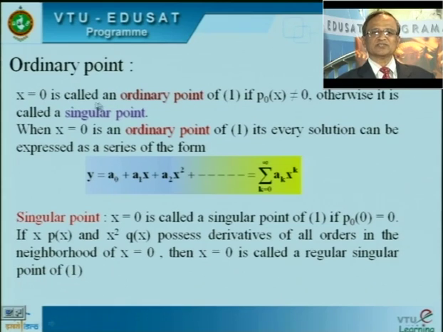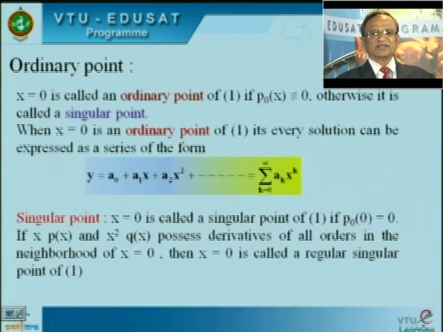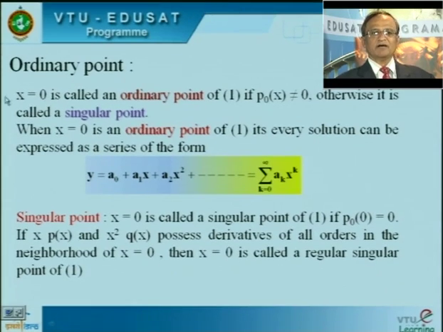Suppose it is equal to 0, in that case x is equal to 0 is called a singular point. So, before obtaining the solution of the given differential equation, first I have to verify whether x is equal to 0 is an ordinary point or a singular point.